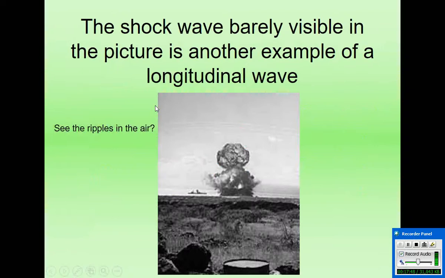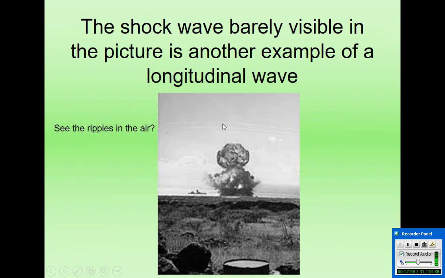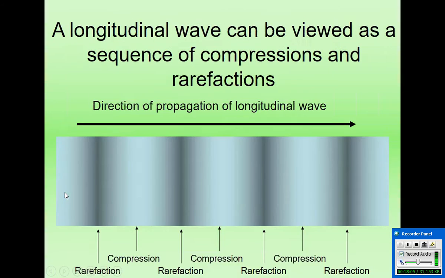Whether they're transverse or longitudinal waves, they are waves. I'm showing you again the image of the atomic explosion and the very faint ripples in the air. Those are shock waves. Those are longitudinal waves. Sound waves are longitudinal waves. There is wave-like behavior if we think about the alternating compression and rarefaction of a wave.